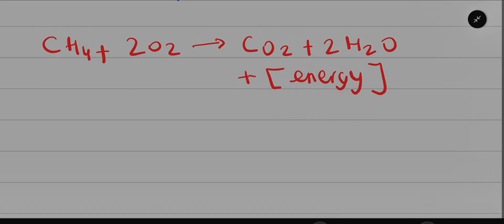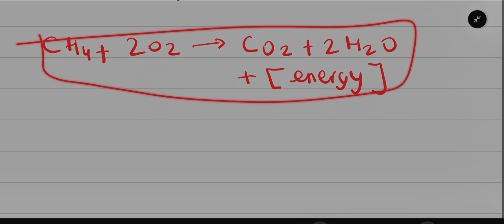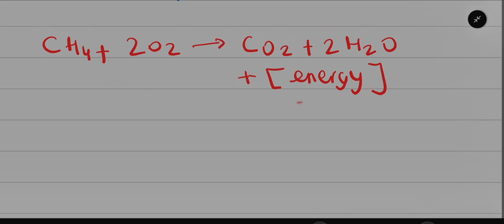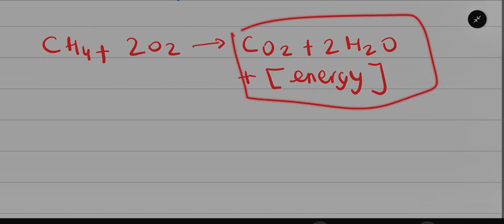For example, in a car you use fuel, but it is not the fuel that provides you the energy, it is the burning of the fuel that provides you with energy, and that energy is used to make the car go forward, right? So this is one of the examples of combustion in which energy is produced. It is an exothermic reaction as energy is on the product side.